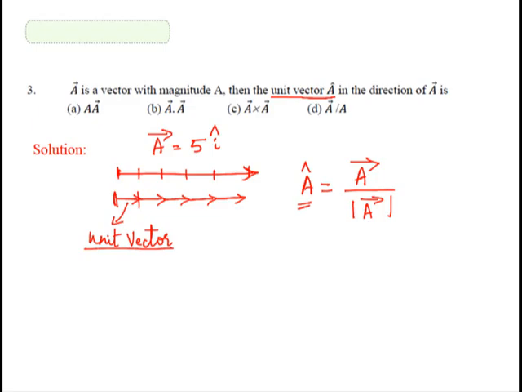And what is the direction of this unit vector? It is also along the original vector itself, vector A itself, or it is at least parallel to it, right? So the right option over here is vector A divided by magnitude of it. So D is the right option here.